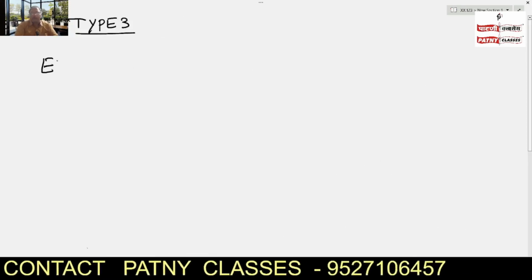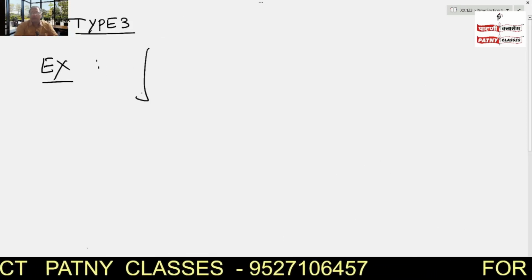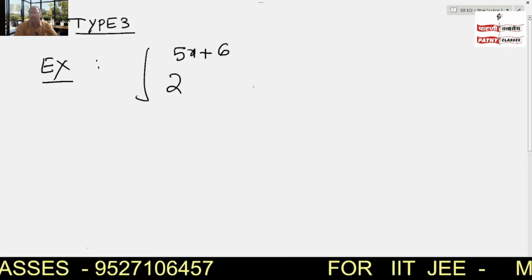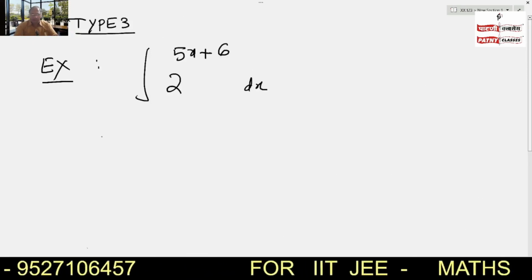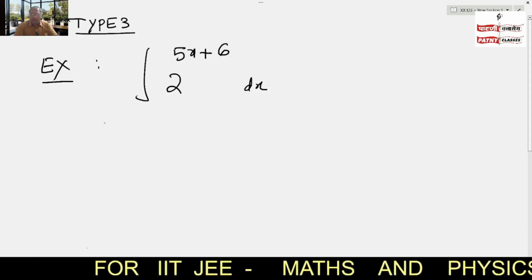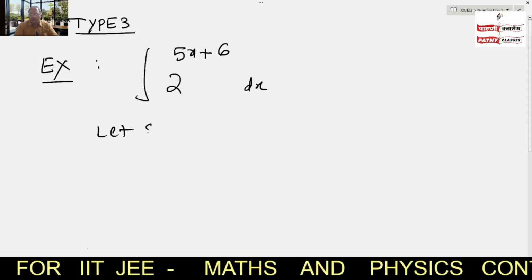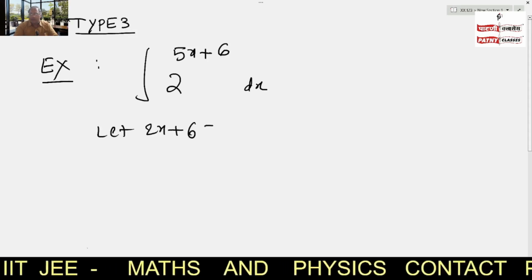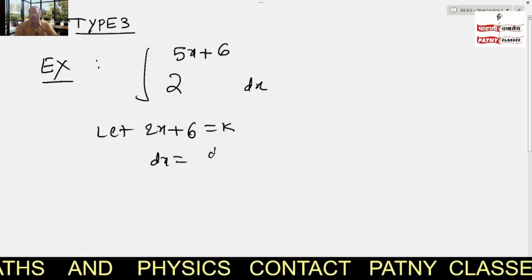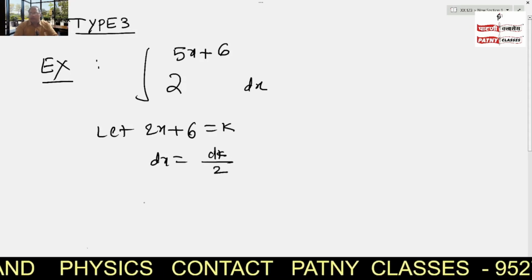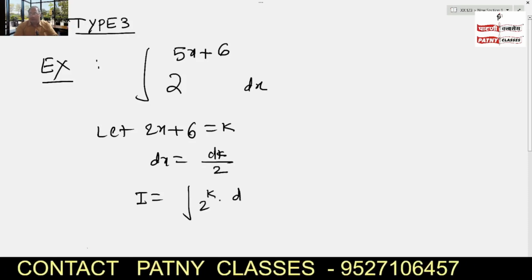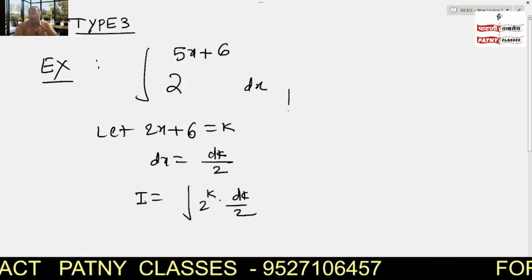Now next example, integration of 2 raised to 5x plus 6 with respect to x. The steps are same as above problems. Let 2x plus 6 equals to k. We get dx equals to dk upon 2 and I becomes integration of 2 raised to k dk upon 2.